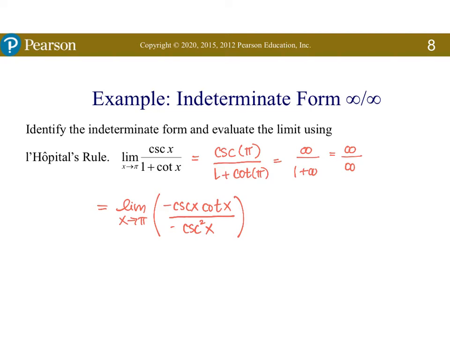So this can reduce. So I'll have the negatives reduce, I'll have cosecants reduce. And then I'm going to reduce again using trig identities.